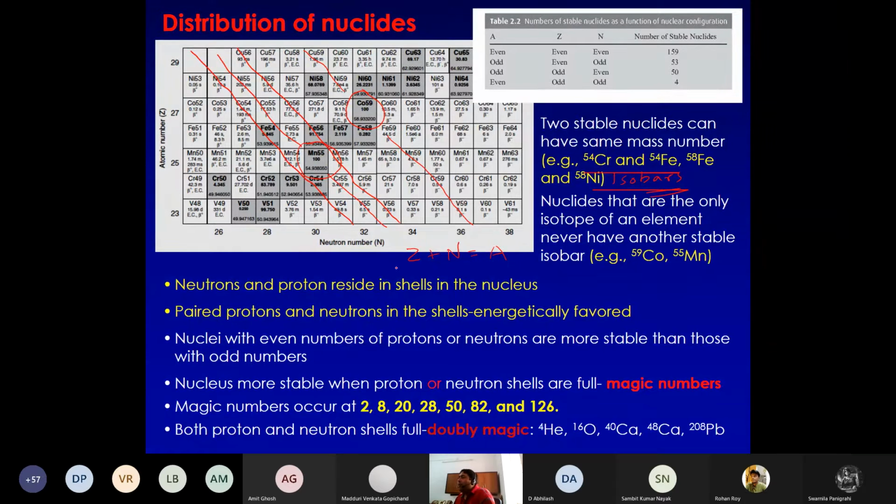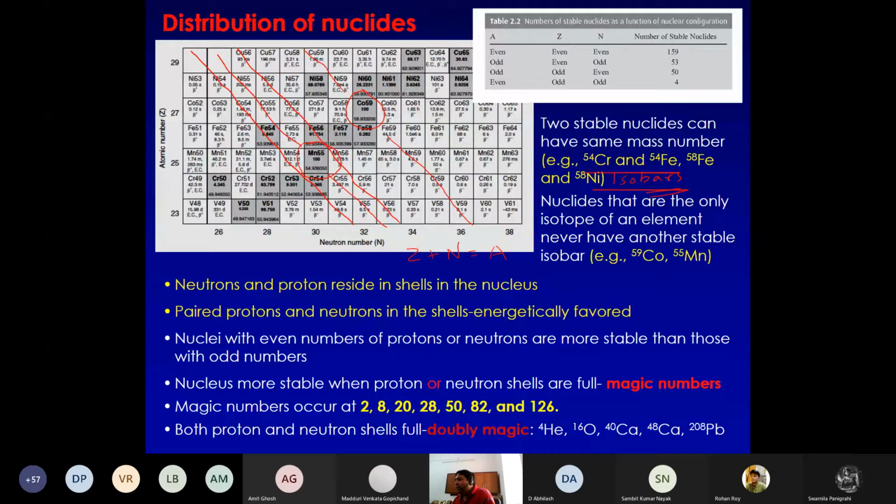Now you might be wondering why you have this kind of distribution of the nuclides. What is the reason for it? Many of these features of the distribution of nuclides in the nuclide chart are essentially a result of the fact that neutrons and protons reside in the nucleus in shells.